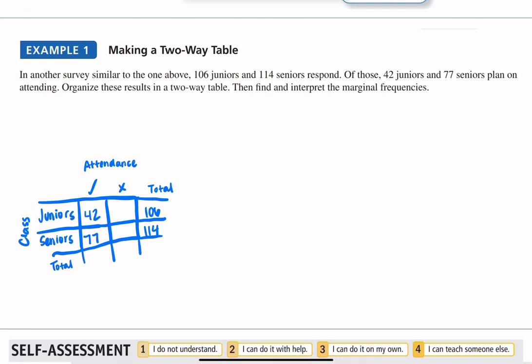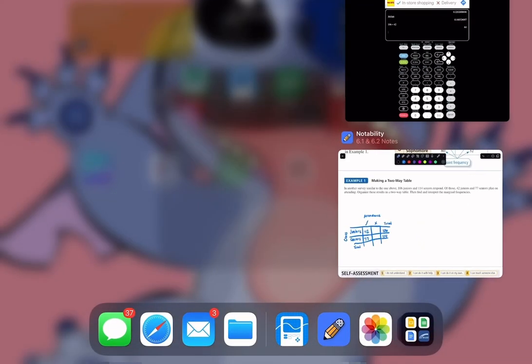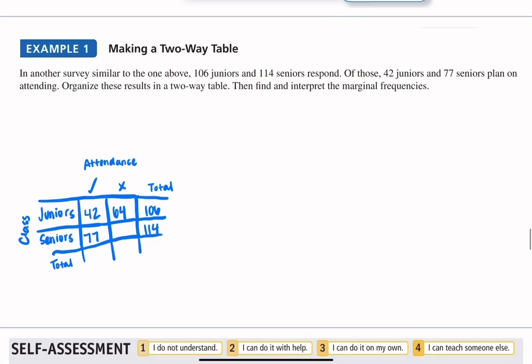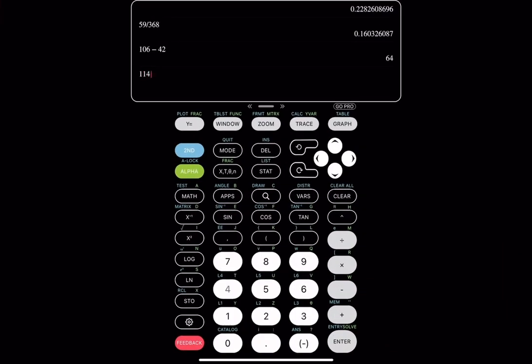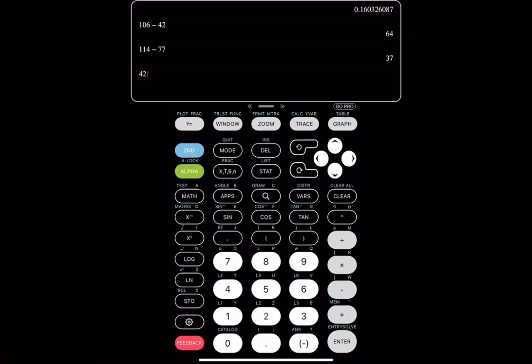All right, so now we need to find what is missing. So not attending. If I have 106 total juniors and 42 are attending, I'm going to take 106 minus 42 to find how many are not attending. So 64 juniors are not attending. If I have 114 seniors and 77 are attending, I'm going to take 114 minus 77 to find that 37 seniors are not attending. Then I'm going to find all my totals. So for attending, I have 42 plus 77.